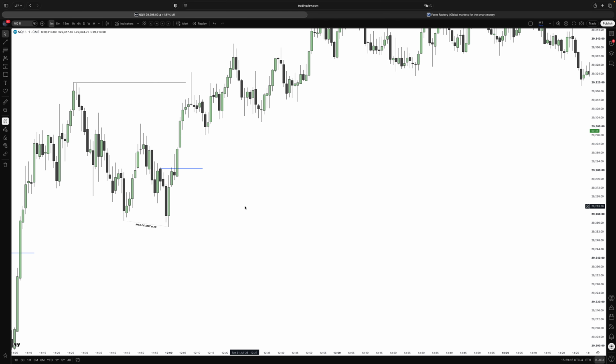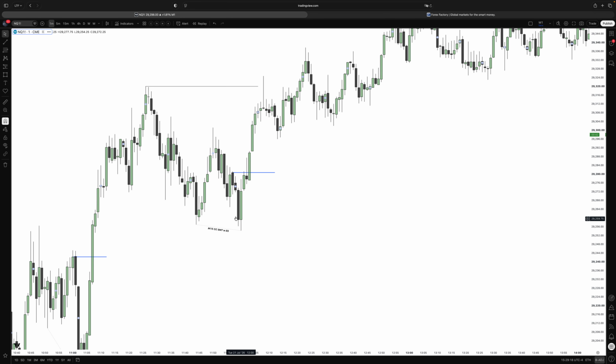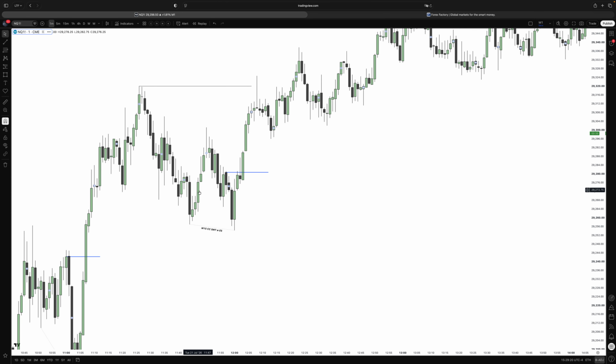Eventually, we punched below here with SMT while we were approaching. First of all, this would have already been a setup because we already had SMT here. The close was at 11:48, which made this invalid. Price chopped about, reran the lows, and then went after 12.